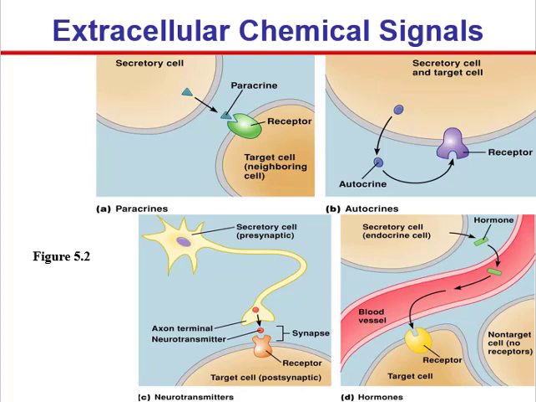Neurotransmitters here in Panel C are ligands released by neurons following an electrical impulse, and hormones in Panel D are chemical signals that are sent out over great distances, and these use the circulatory system for delivery of their signal to different targets. Much more on hormones will be covered in Unit 3.